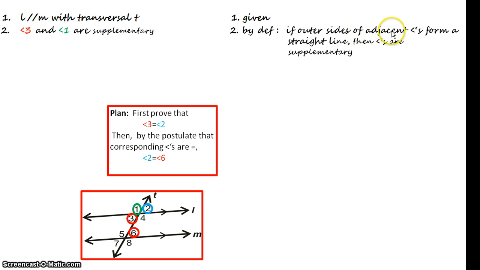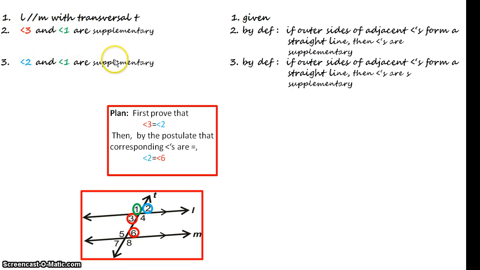If the outer sides of adjacent angles, here's the outer side of this angle, and here's the outer side of angle 3, form a straight line, which they do, then the angles are supplementary. Now let's do the same thing with angle 2 and angle 1.